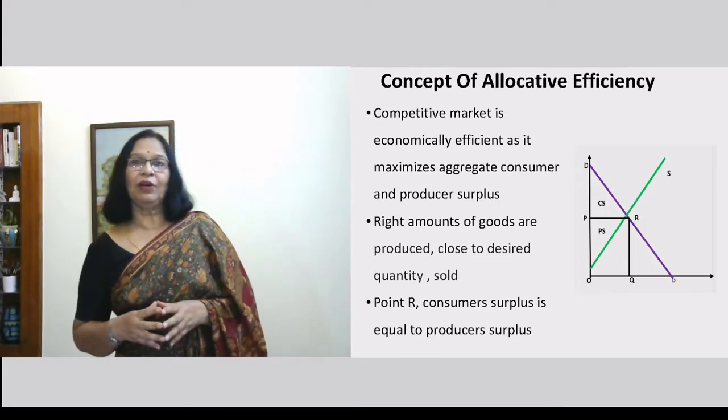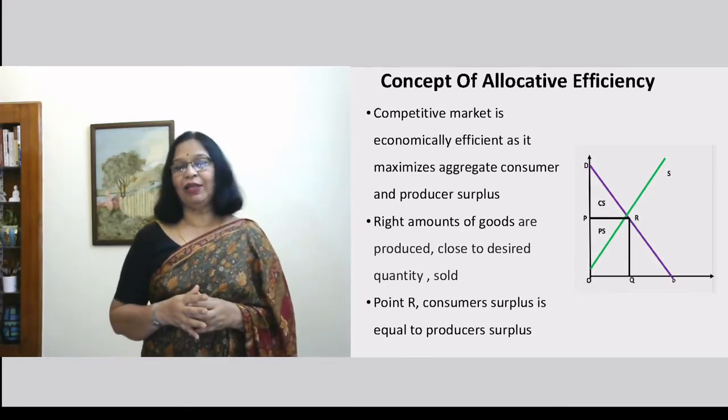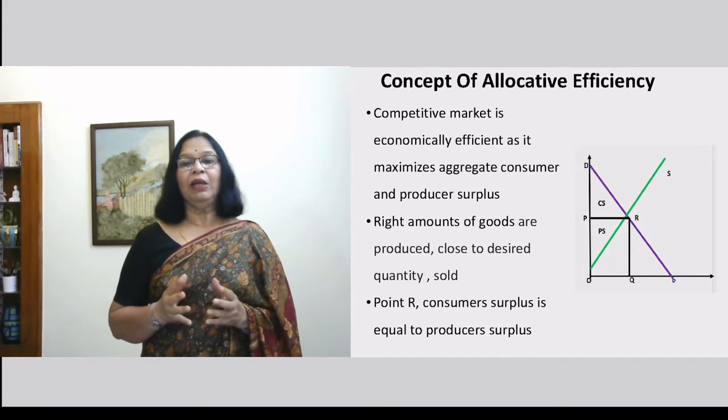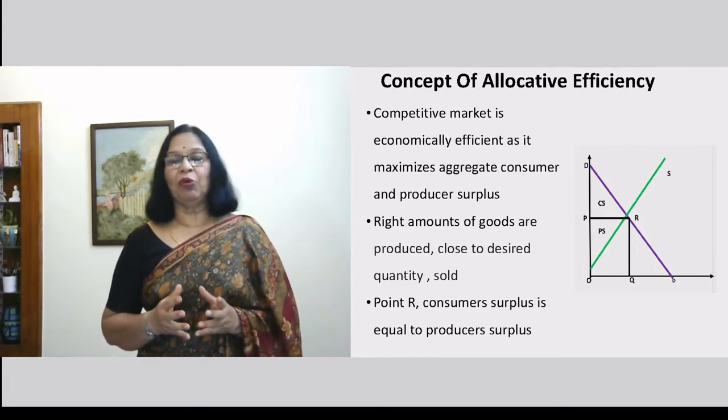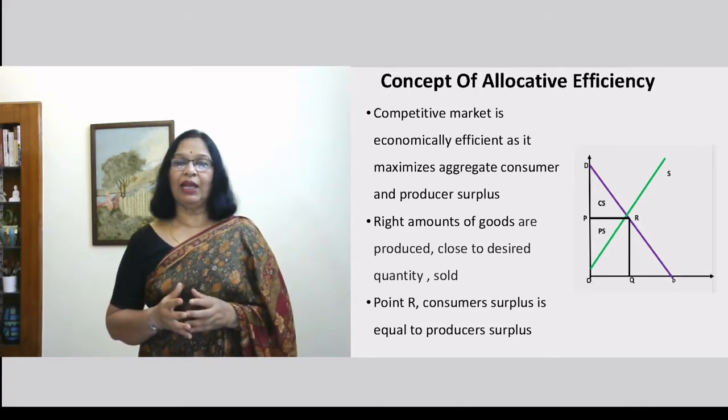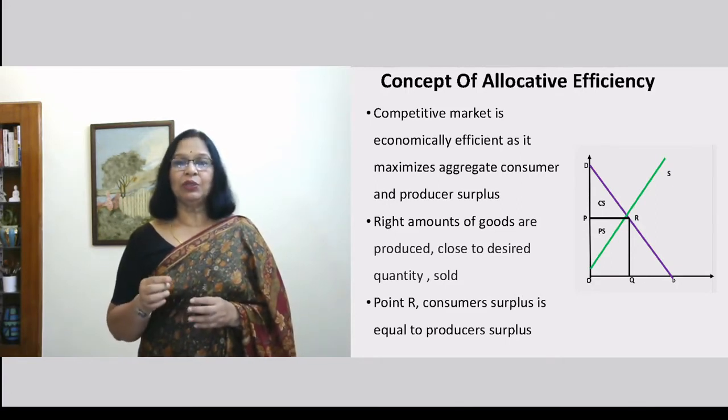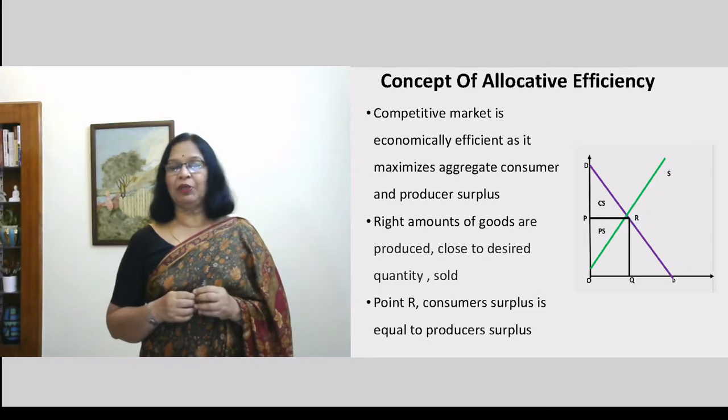The concept of allocative efficiency can be explained very easily with the help of a simple diagram. We have the demand curve and the supply curve interacting with each other at point P, and the quantity is Q. But there are two terms here, the consumer surplus and the producer surplus.